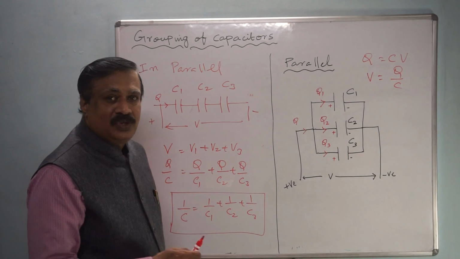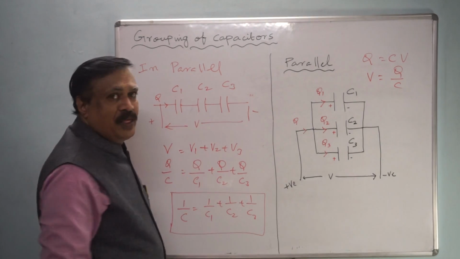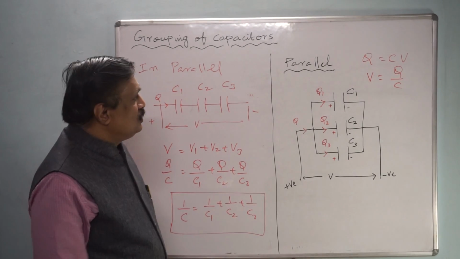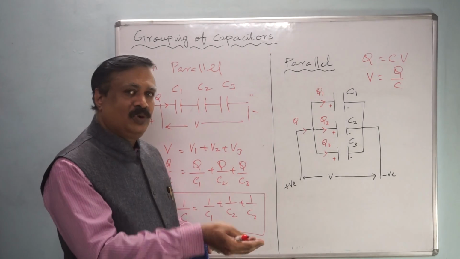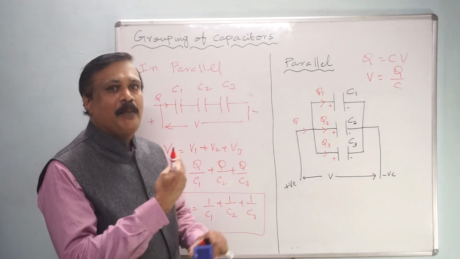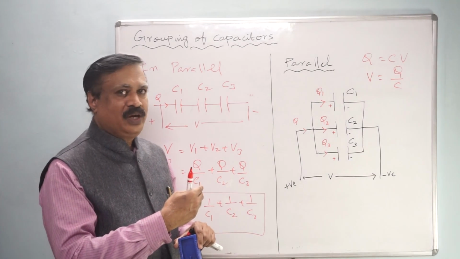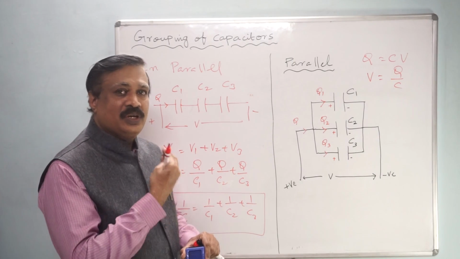That means it is the sum of the reciprocal values of the individual capacitors. This is the two combinations. We can go for both series separately, parallel separately, and we can combine also, series parallel also. This is an important topic and a problem will be asked in this topic.